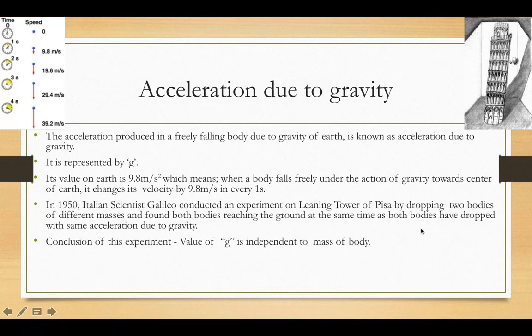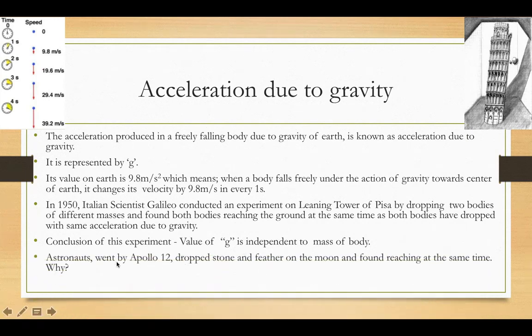It means that it doesn't care what mass the body has; whenever any body is dropped from any height, that body will have acceleration due to gravity of 9.8 meter per square second on the Earth. So the conclusion is the value of g is independent of the mass of the body.